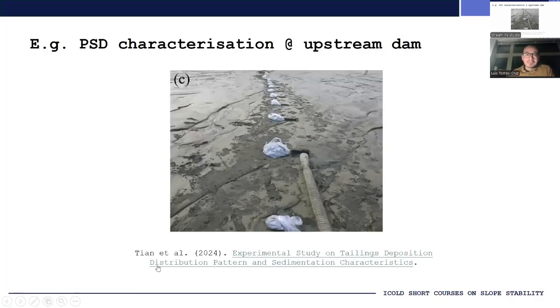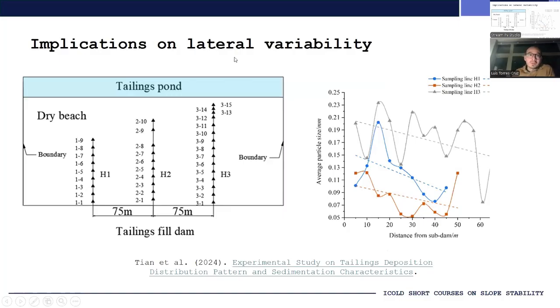If we take samples starting at the point of deposition and we move progressively towards the pond, because the coarser particles settle out of the slurry first, we should expect to see coarser particles close to the point of deposition than closer to the pond. And of course, that's not only an expectation, that is actually what you see.